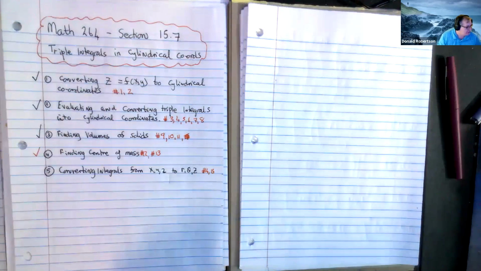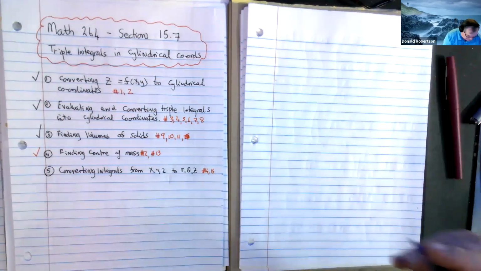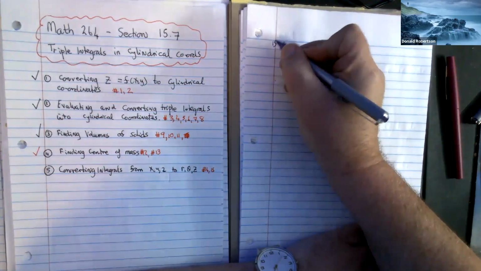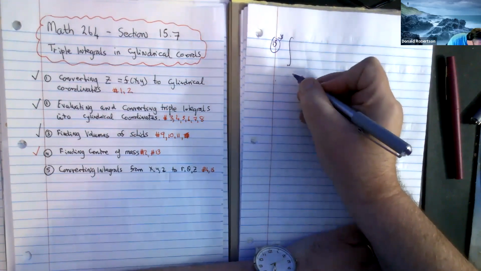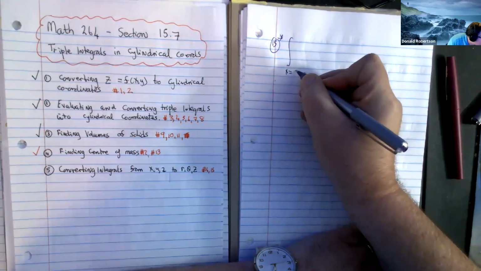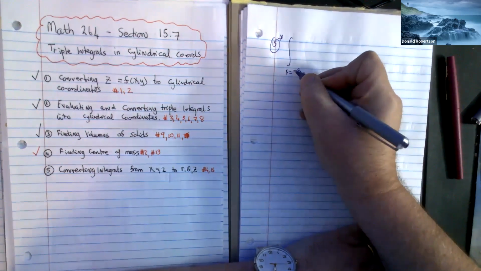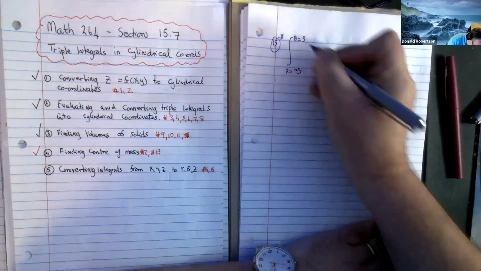Okay. One last one. This last one, I'm not going to do quite as much. This is a version of 15. So we have x equals -5 to x equals 5.